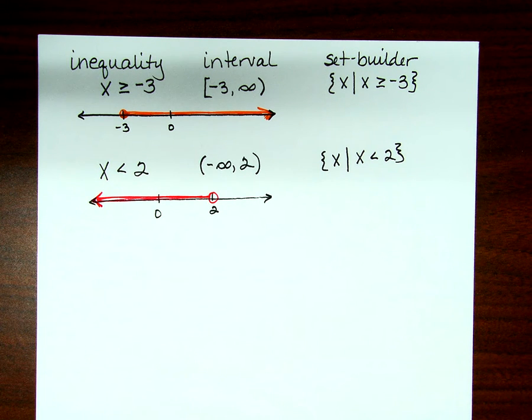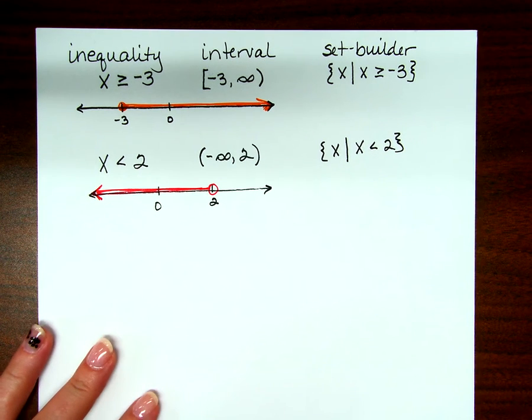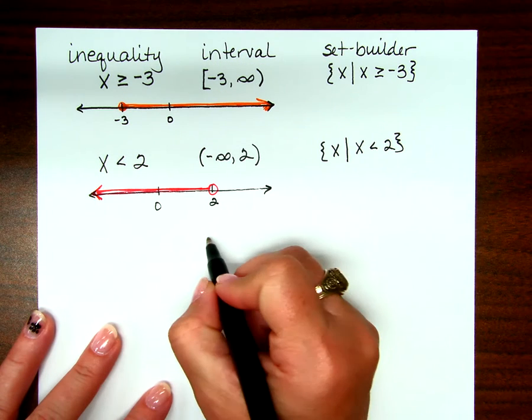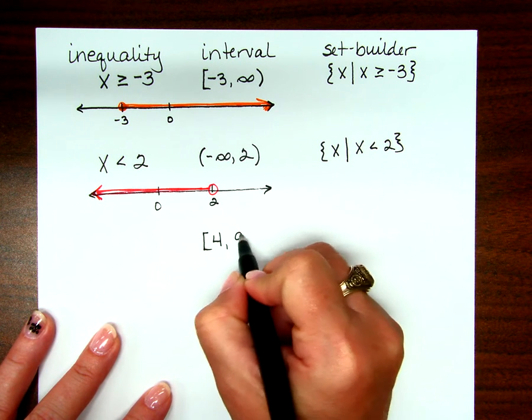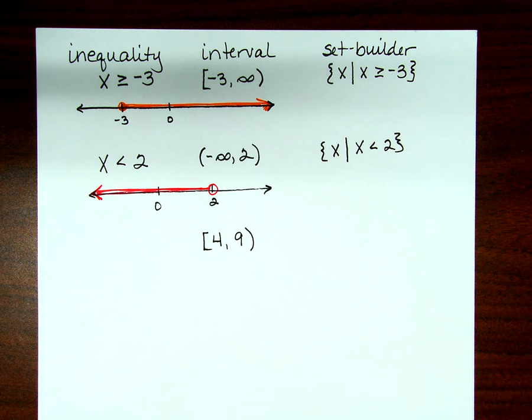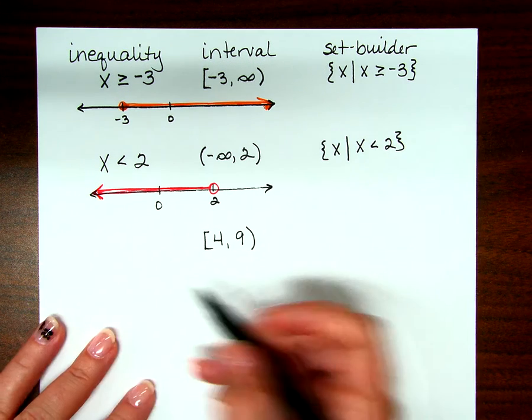Okay? So, can I try to trick you? Okay. There's interval notation. Can you tell me inequality, set builder, and draw the number line? Okay, what do you want to do first? Number line? Okay.